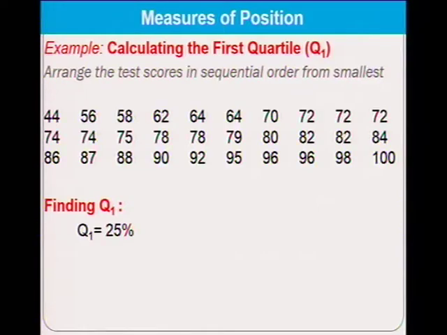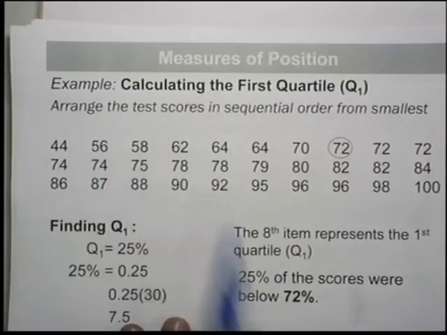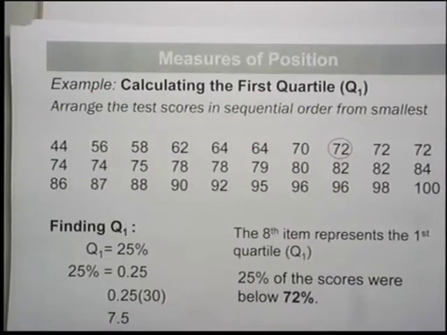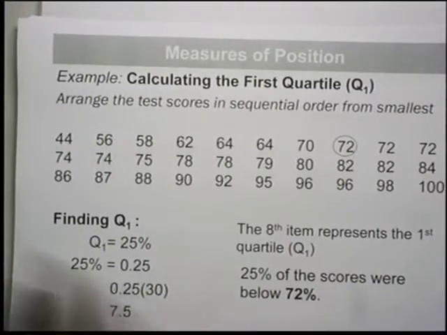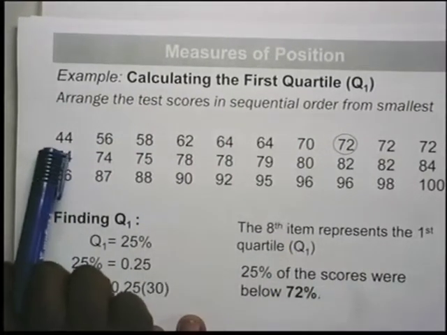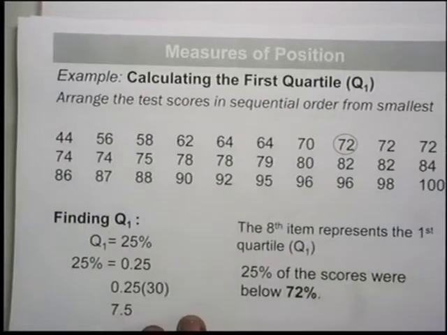So, the first task is to arrange your data into sequential order. Those are marks that were scored by 30 students in class, and the test was marked out of 100. So they got those various scores in the test. Now you will find that they fall in sequential order, 44, 56, like that.